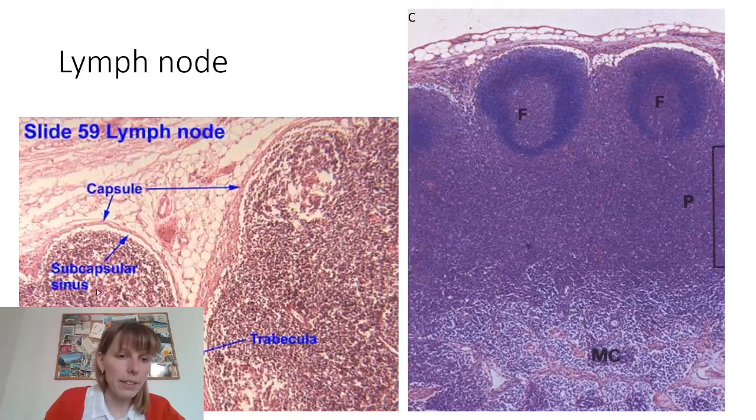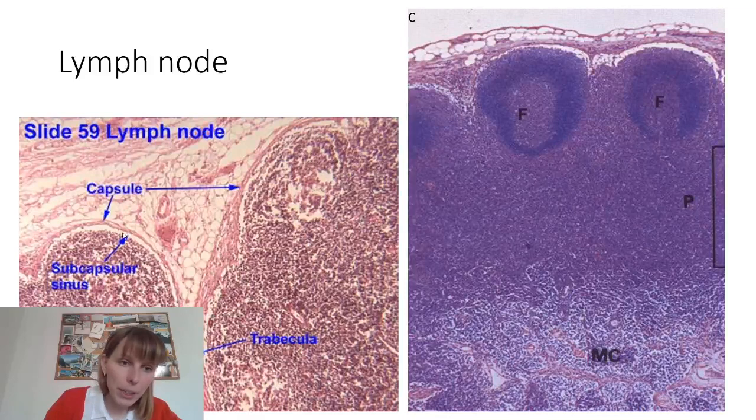And one more thing that's specific for the lymph node, and you also have it in your workbook, is the subcapsular sinus. So the sinuses are the spaces where the lymph is flowing. So the lymph is coming into the lymph node from the capsule, and it's going into the tissue and flowing through the cortex into the medulla.